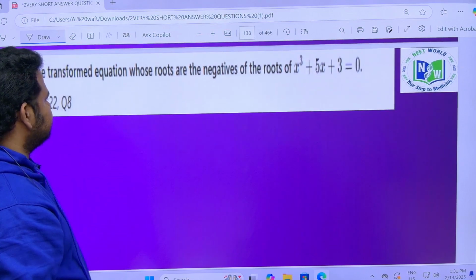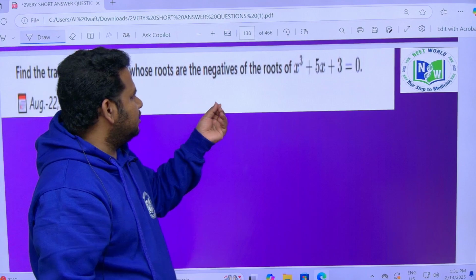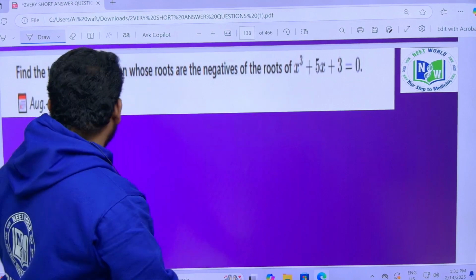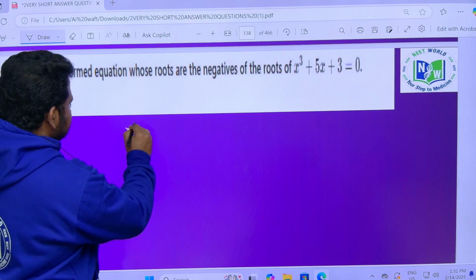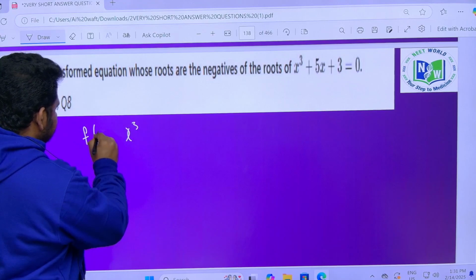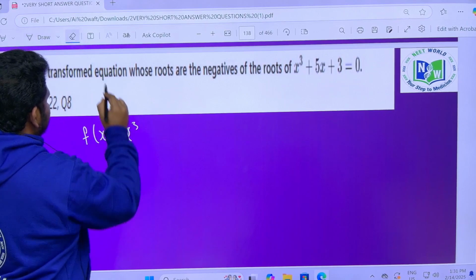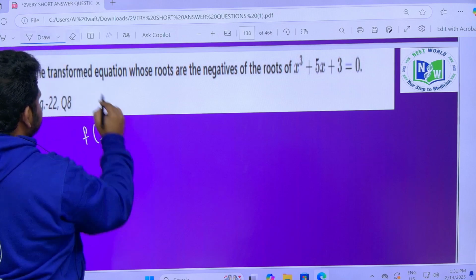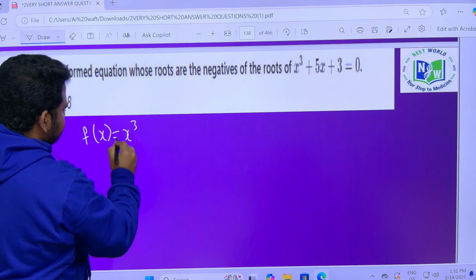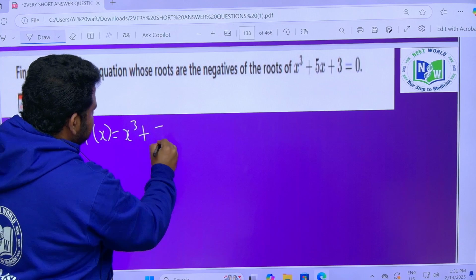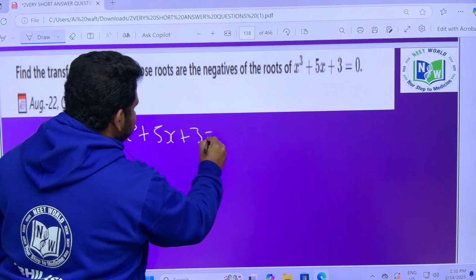Find the transformed equation whose roots are negative of the roots of the given equation. So the given equation is what? The given equation is x cube. So let the given equation be f of x. F of x is given as x cube plus 5x plus 3 is equal to 0.